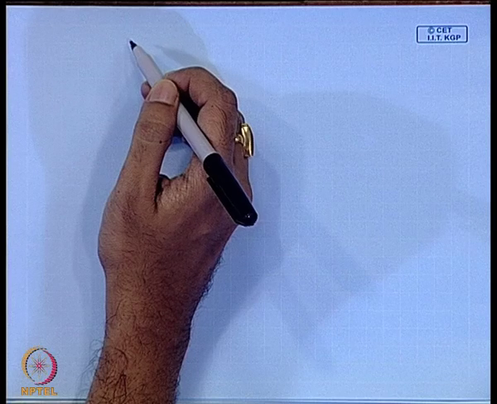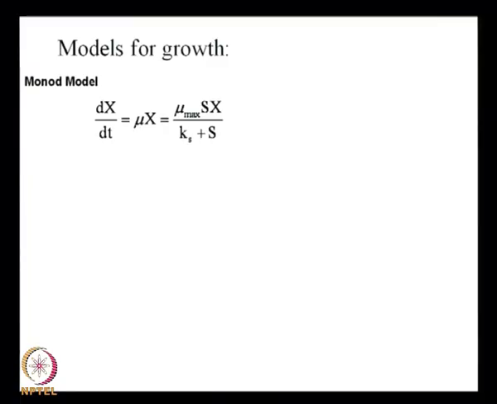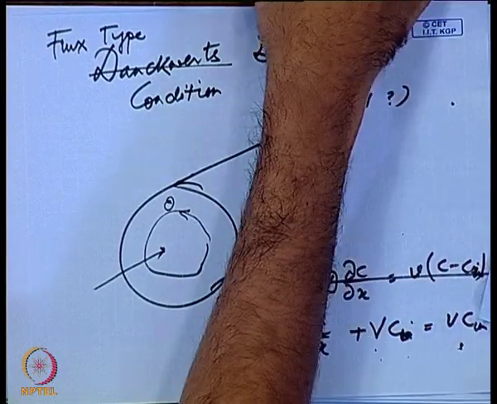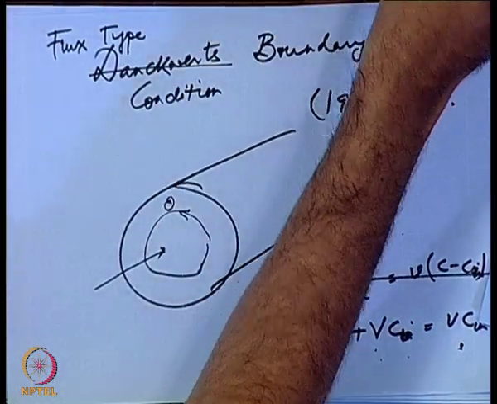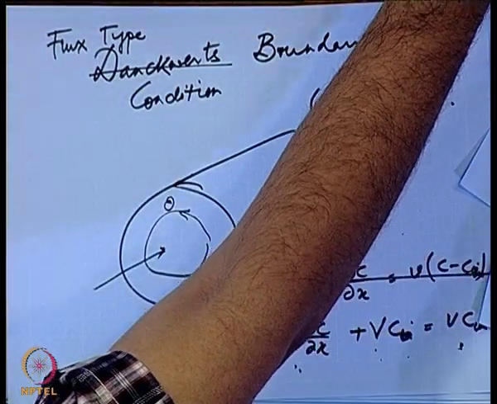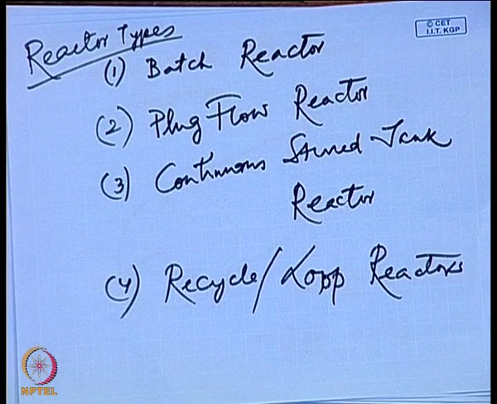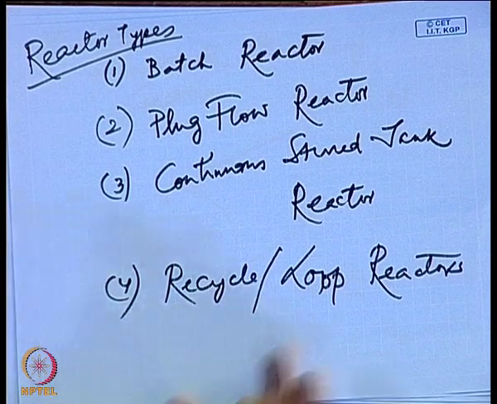So essentially, I'll do a little bit more review of what is going on in this system for the reactors. What I wanted to tell you is that there are 4 different kinds of reactors. Let me bring that page one more time. Yeah. So there are 4 different kinds of reactors: the batch reactor, the plug flow reactor, the continuous stirred tank reactor, and the loop reactor. And there is a certain history to it.